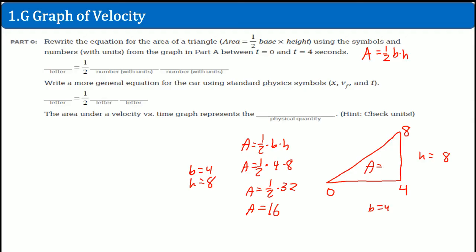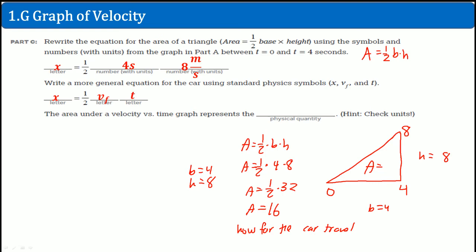That's how far this area is. This will tell you how far the car travels. So here you could just put x if you want, for position, but that's equivalent to our area. 4 seconds was our base, and 8 was the height. In a general sense, it is 1/2 the final velocity times the time.